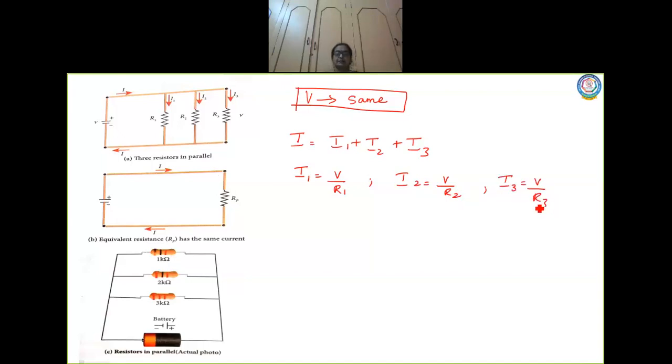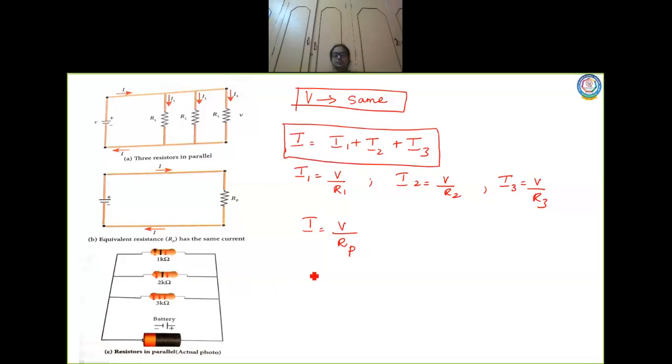And what will be the effective current? Effective current I equal to V by Rp. There we wrote Rs, here we wrote Rp because it is parallel connection. Now I have all these values. I'm going to substitute these values in this formula, children.